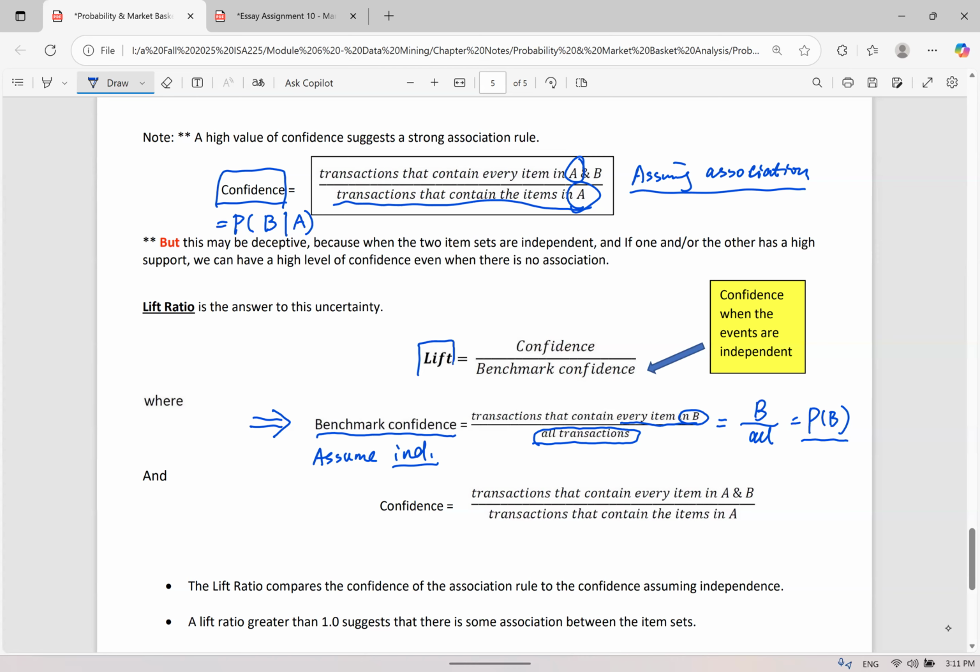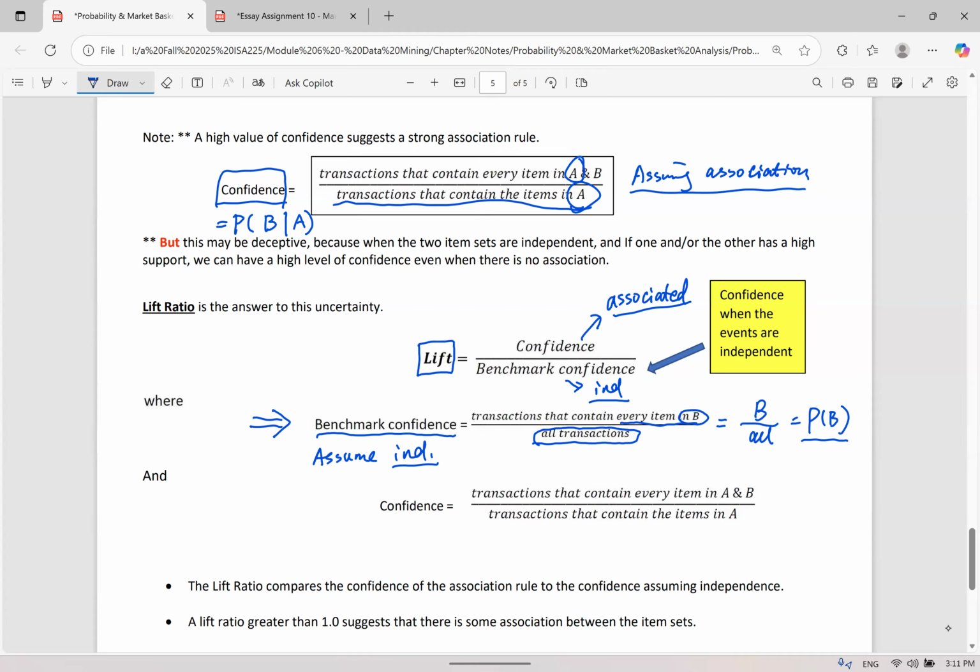We call this ratio a lift ratio. So what is this lift ratio? The original confidence is assuming they are associated. The benchmark confidence, we assume they are independent.